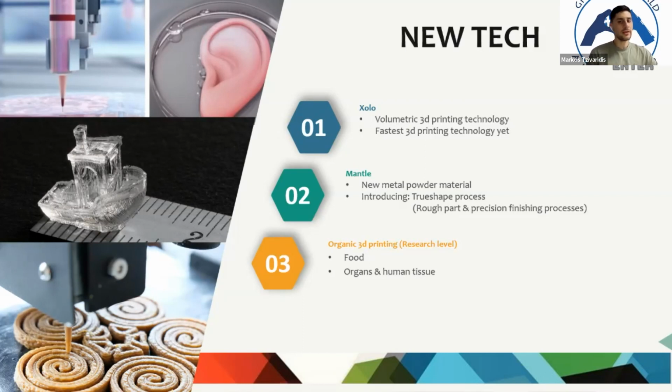Lastly, I would like to mention the organic 3D printing, which is a revolutionary field of research right now, expanding rapidly. Because this is not just about better products, guys, and easier way to create products. This is also about creating sustainable foods, creating actual human organs to save lives.